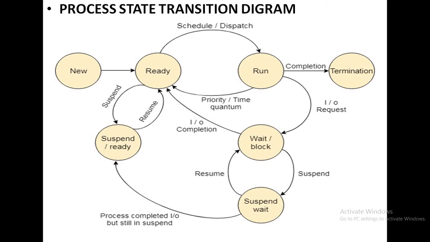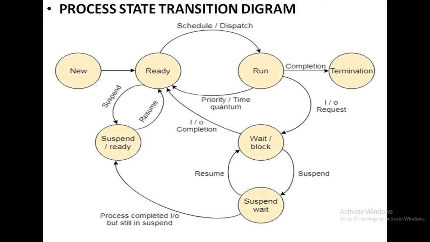After loading that job into the new state or into the secondary storage, we can take it and store it into the ready queue, and the ready queue is the state that comes before the run state or execution state.